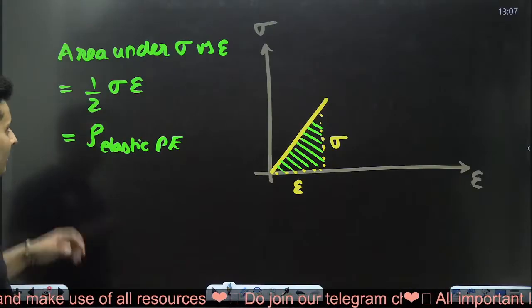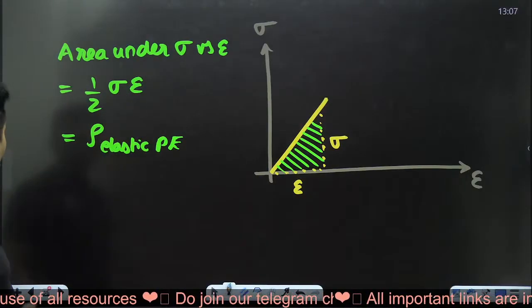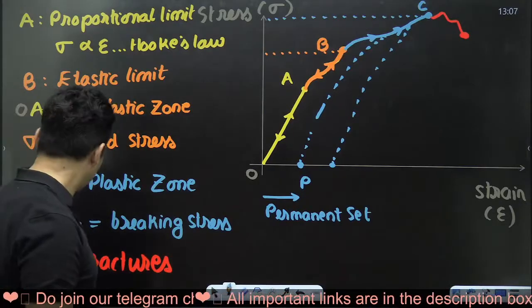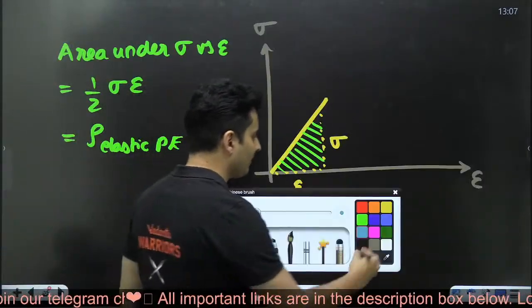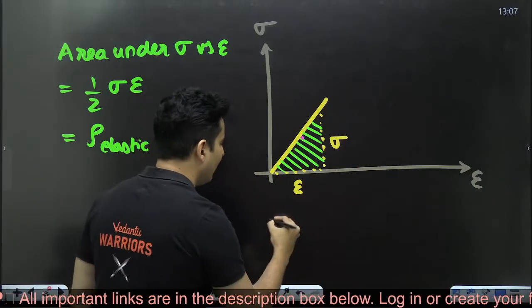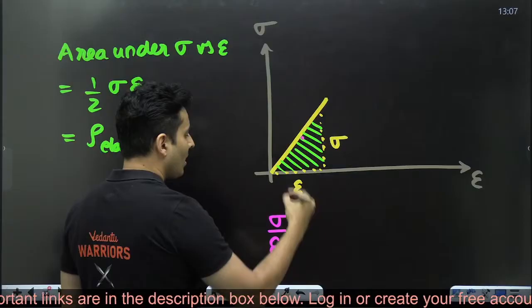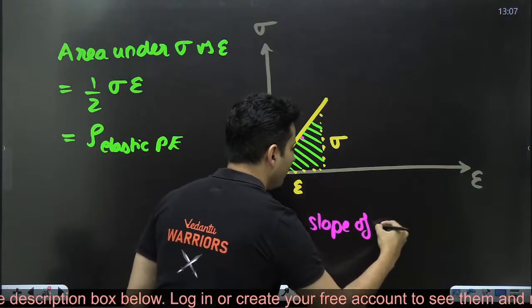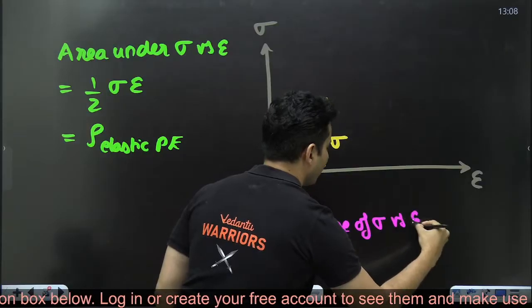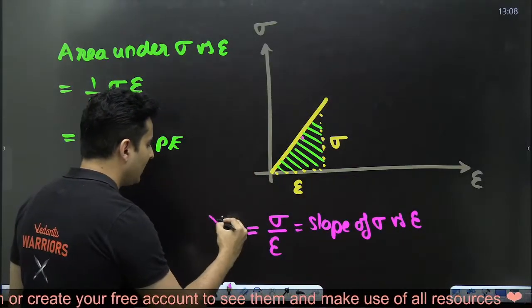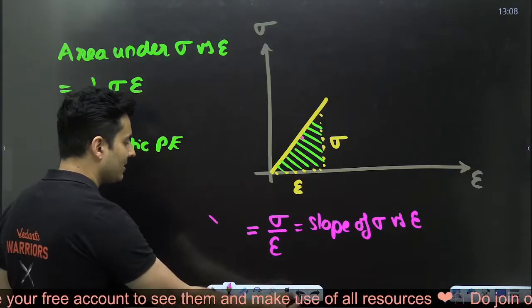One last thing over here, as you are calculating the area under the stress versus strain graph and all these things, if by chance I happen to measure the stress and strain and divide the stress by the strain, what I will get is also the slope of the stress versus strain graph, and sigma by epsilon is nothing but the modulus, Young's modulus, right?